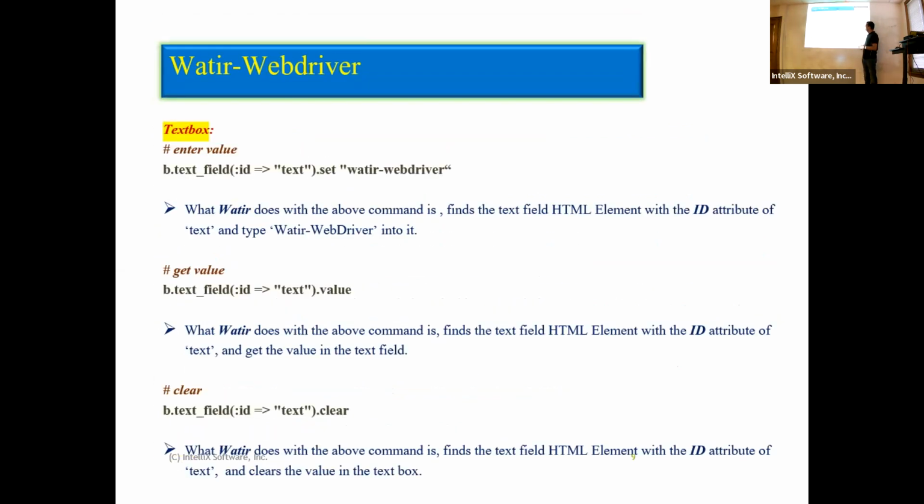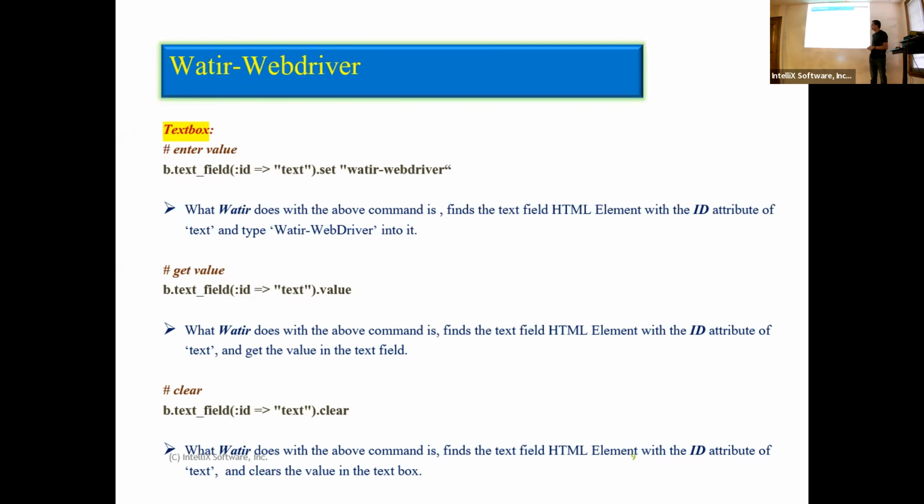Now, when you say set, what are you setting? You have to supply the value. So that's how you can say: open the browser instance, find the text field with ID equals text, and set the value to whatever, web driver, in that text box. Now, the same way you can read the value.